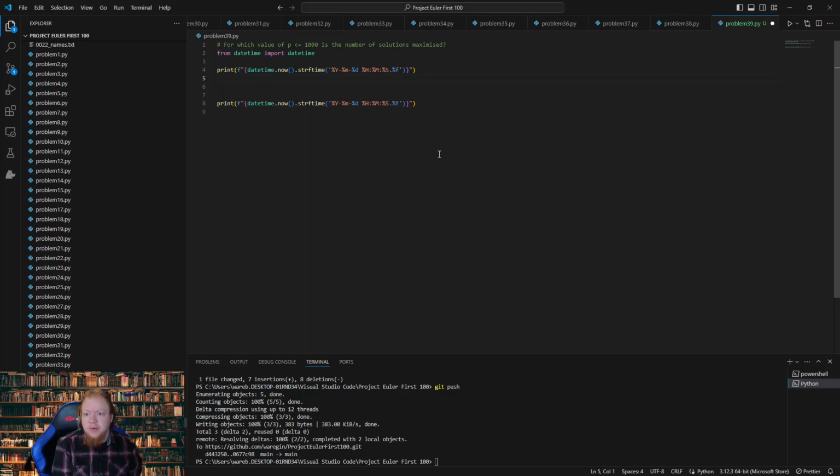Always want to begin with these lines. I'm going to set up a limit variable, this time of 1001. Max solutions equals 1. And I'm just going to have a p-value, and I'll set that equal to 0 initially because we're just going to overwrite it.